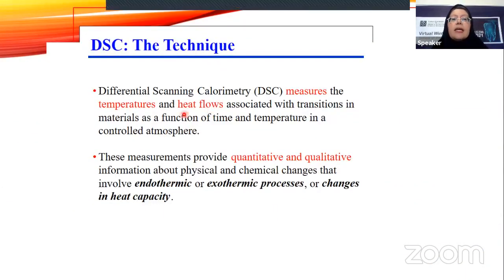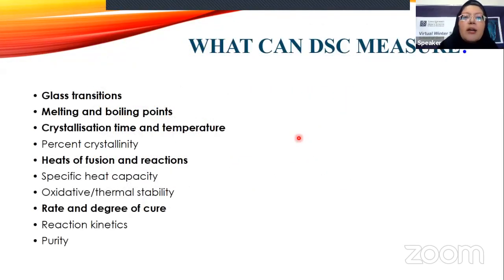The DSC, or differential scanning calorimetry, also measures the temperatures and heat flows associated with transitions in materials as a function of time and temperature in a controlled atmosphere. Here you can see different usages of DSC.